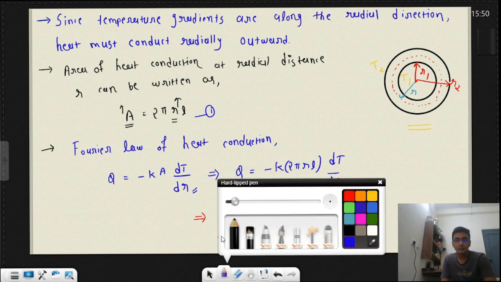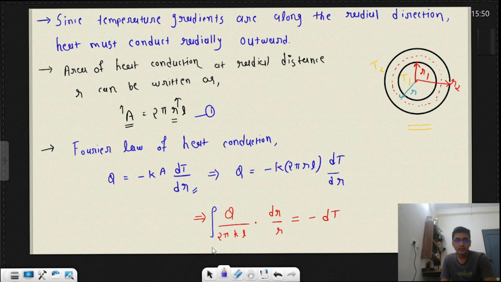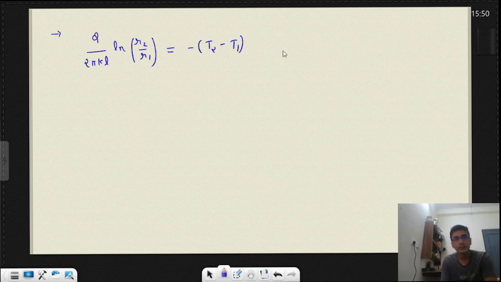Now integrating both sides, this side from radius r1 to r2, this side from temperature T1 to T2, we will get Q divided by 2 pi K L ln R2 by R1, which will be equal to minus of T2 minus T1, which can be written as T1 minus T2.